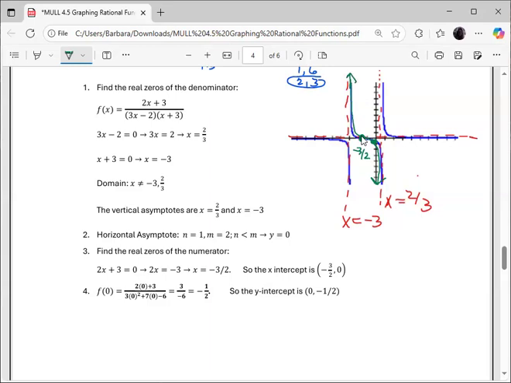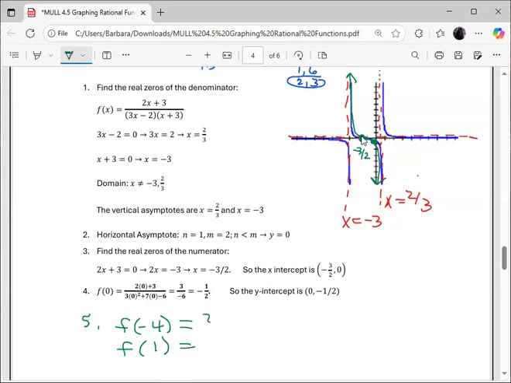Okay, and then to find the others, we can just simply, for step 5, find other points like f of -4 and f of positive, let's see, on the other side of 2/3 might be 1, okay?